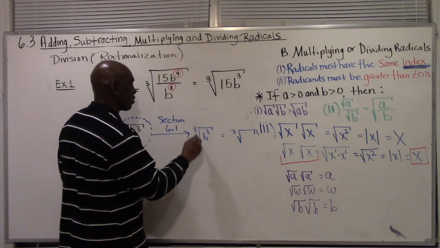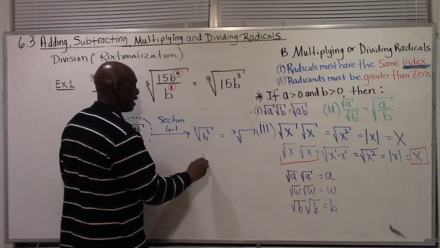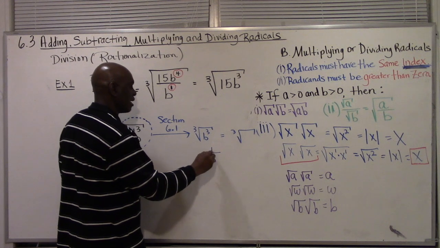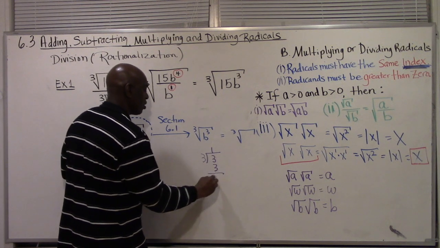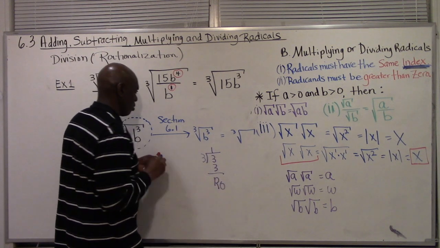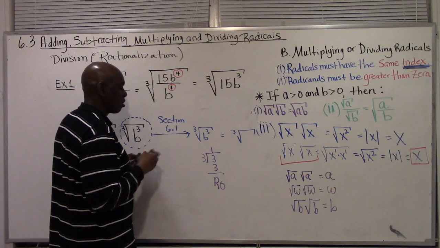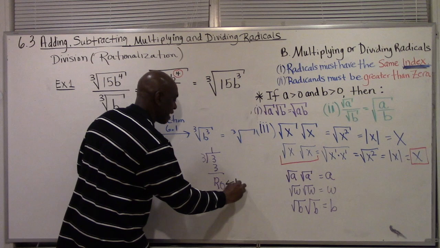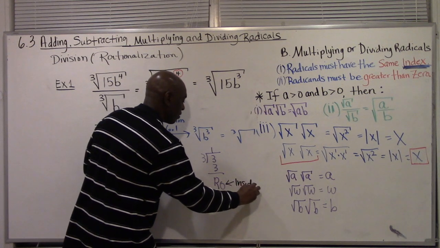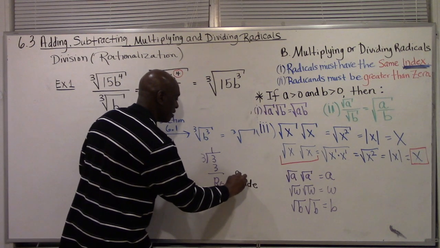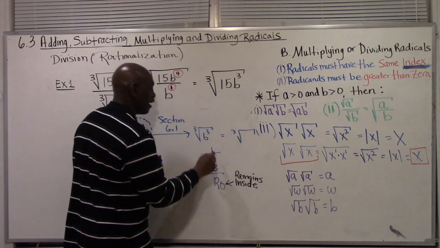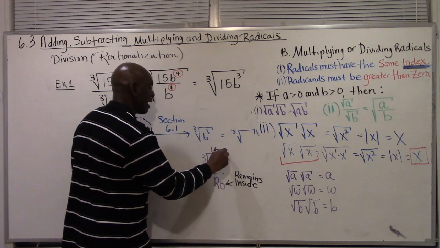We said you take the 3 and divide it into 3. 3 going to 3 one time. 3 times 1 is 3. The remainder is 0. And we said this is the amount of b's on the inside. In other words, it remains inside. This is the amount that's on the outside.